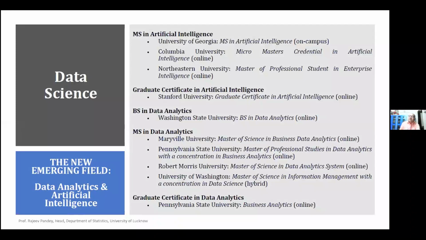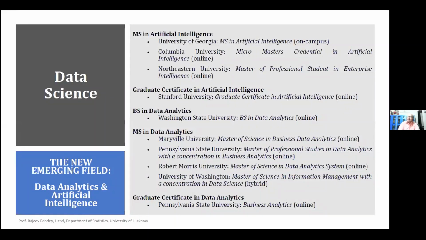Northeastern University offers a Master of Professional Studies in Enterprise Intelligence online course for our statistics students. Stanford University is also offering an online graduate certificate in artificial intelligence for our graduate students.